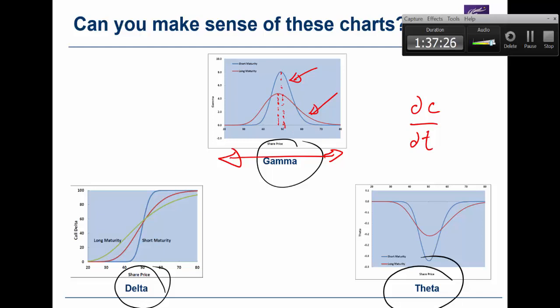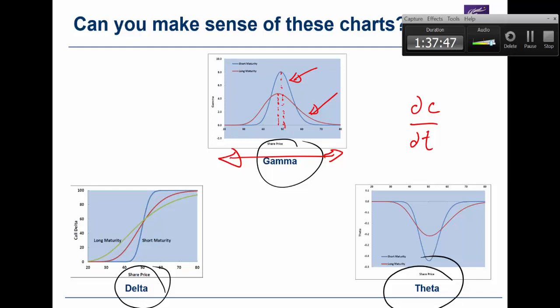If you guys don't know the answer, do you at least understand the question? So he's saying, why aren't the peaks the same? And in fact, why aren't the peaks exactly at the strike price? Now, they don't have to be. It's a great question.